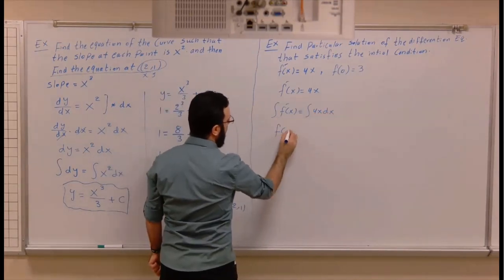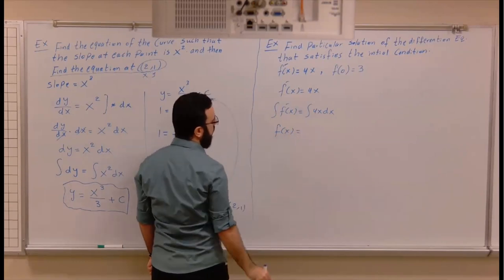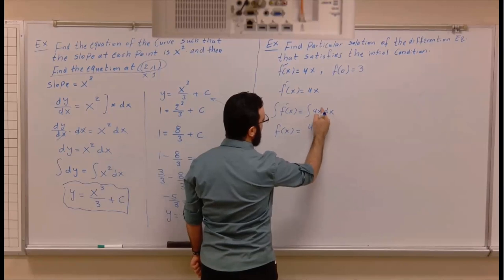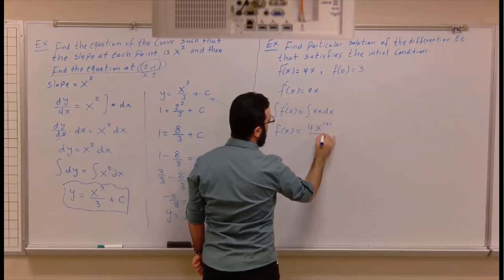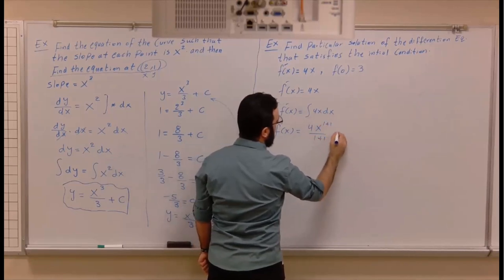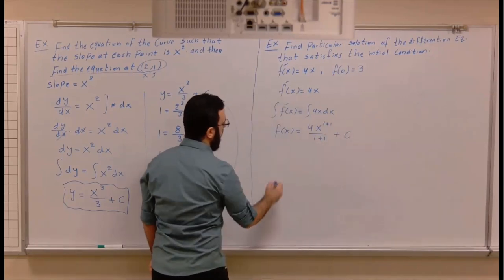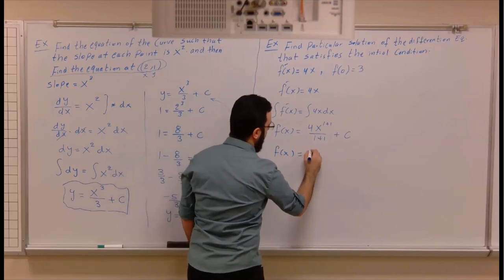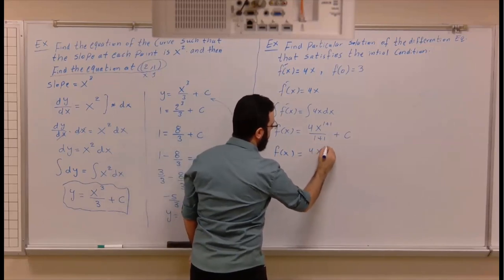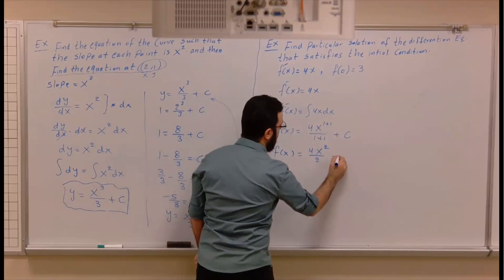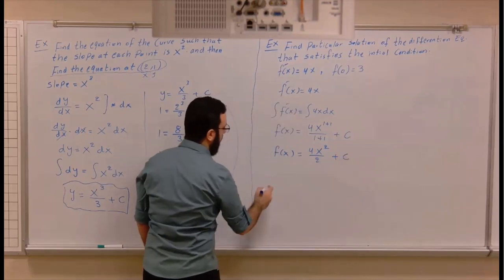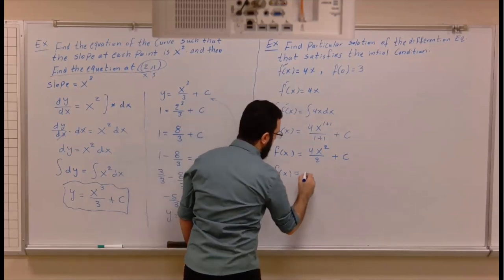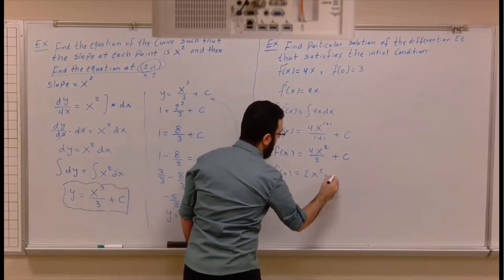So f of x equals 4x, and you add 1 to the exponent, divide by 1 plus 1, plus c. That means f of x equals 4x squared over 2 plus c, so the general function is 2x squared plus c.